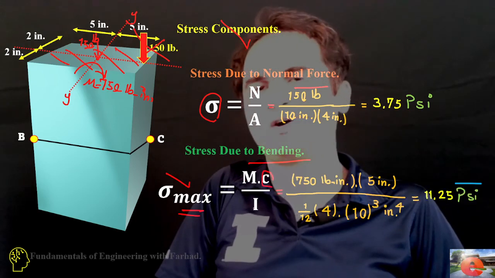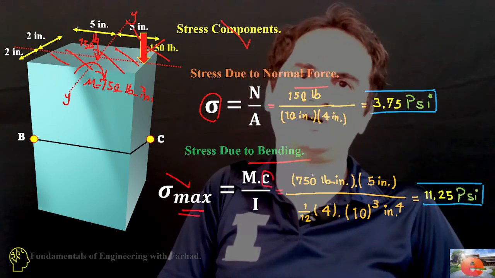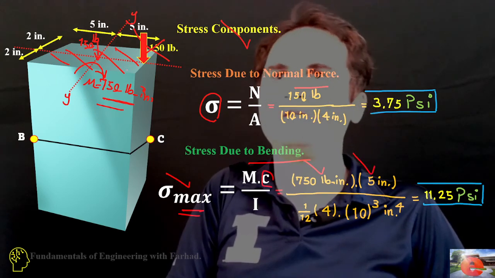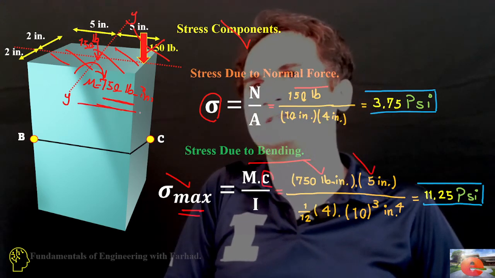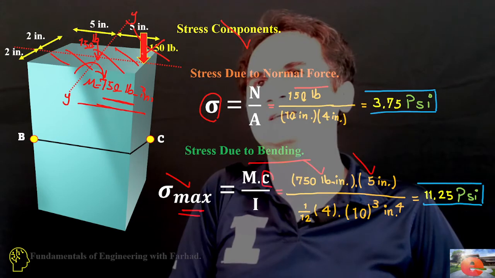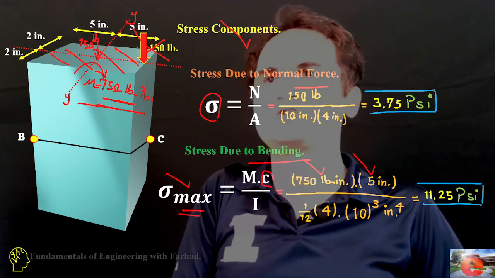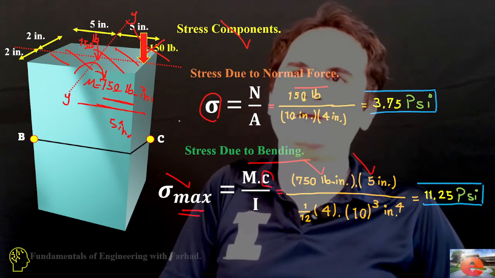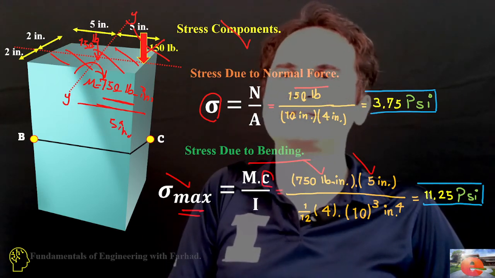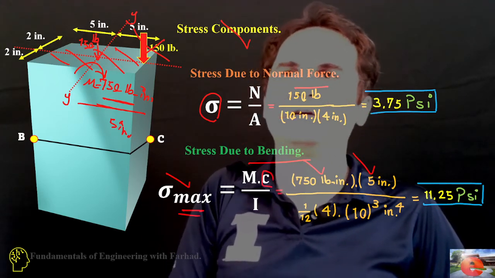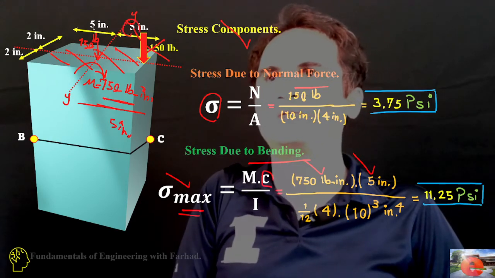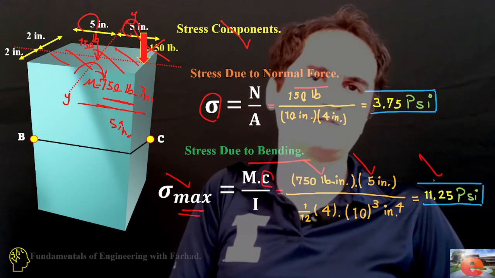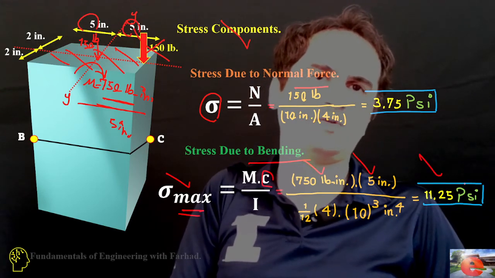M is the moment, I is the moment of inertia, so that's 750 times 5, which is the length from the centroid to point C, over 1/12 base times height cubed. Height is 10 inches, 5 plus 5, 10 cubed times 1/12 of 4, which gives me 11.25 pounds per square inch of stress.